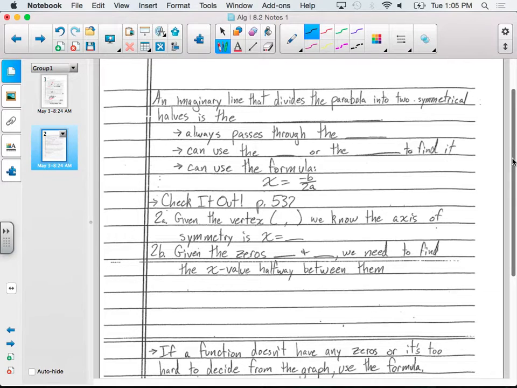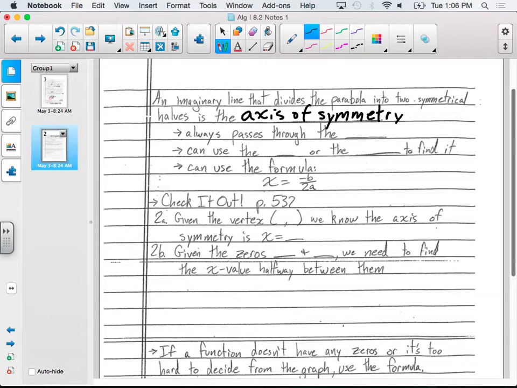Alright, now we're getting back into familiar territory. The imaginary line that divides the parabola into two symmetrical halves is called what? Axis of symmetry or line of symmetry. Here's a couple things about the axis of symmetry.